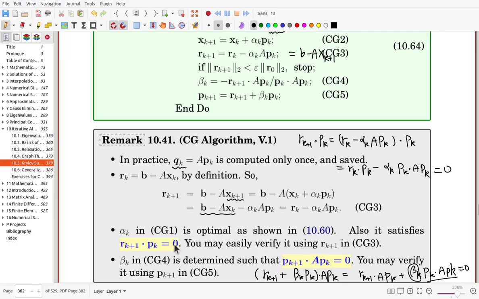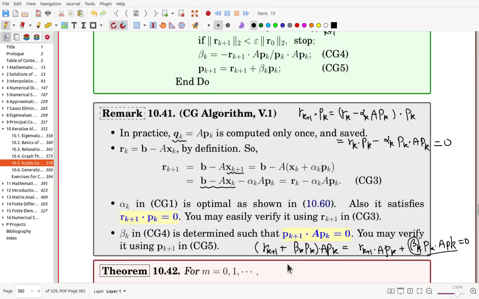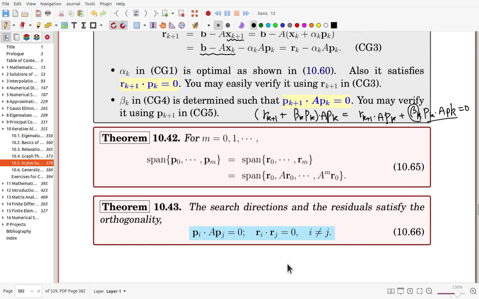With this good property, even though it is only local conjugacy, we can prove this theorem. The search directions and the residuals satisfy orthogonality. For every search direction, they are completely conjugate. And furthermore, the residuals are orthogonal to each other. This is a really fantastic property.